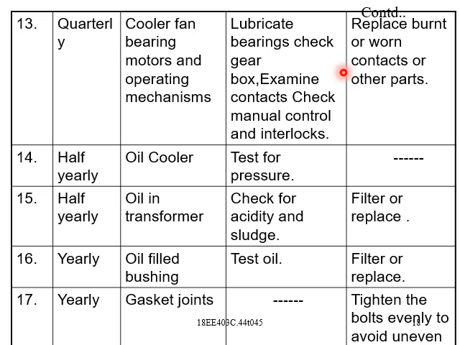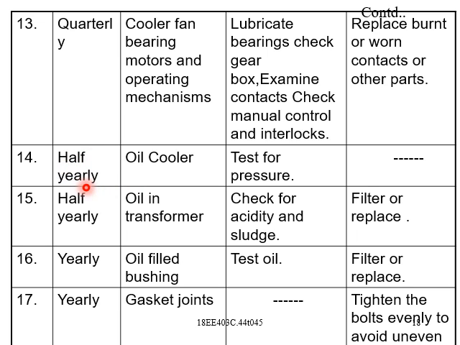If any unsatisfactory condition occurs, you may replace burnt or worn contacts or other parts. If any lubricant, wires or contacts are observed as burnt or worn, then you can replace them with newer parts. The 14th one is half yearly.